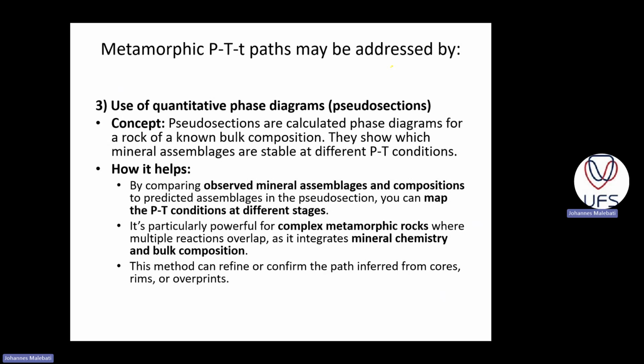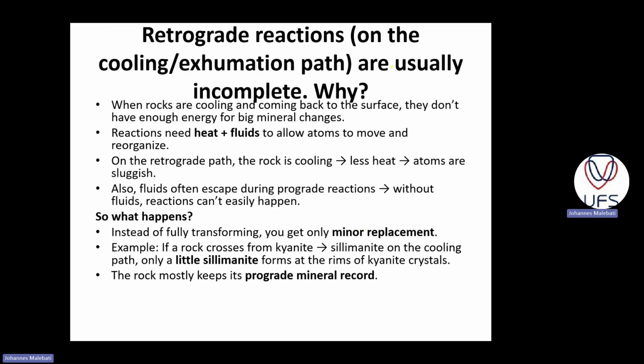So this method can refine or confirm the path inferred from cores, rims, or from overprints. That is to say, you are confirming what you remember. Number one were those overprints, and number two, we're using the rims and cores. So these quantitative phase diagrams, you'll be able to confirm 1 and 2.